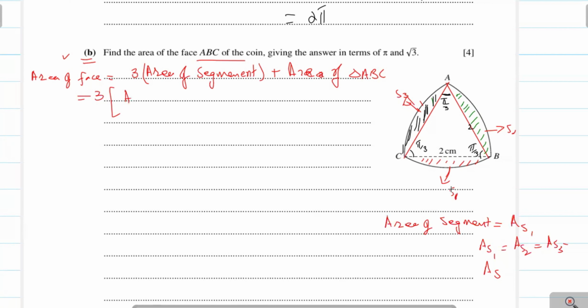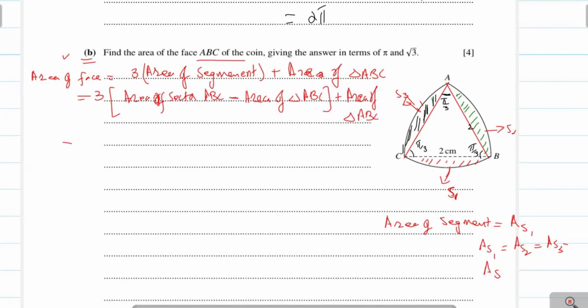Now we write the formula: suppose that this is the segment S1, and the area of the segment is equal to the area of sector ABC minus the area of triangle ABC.